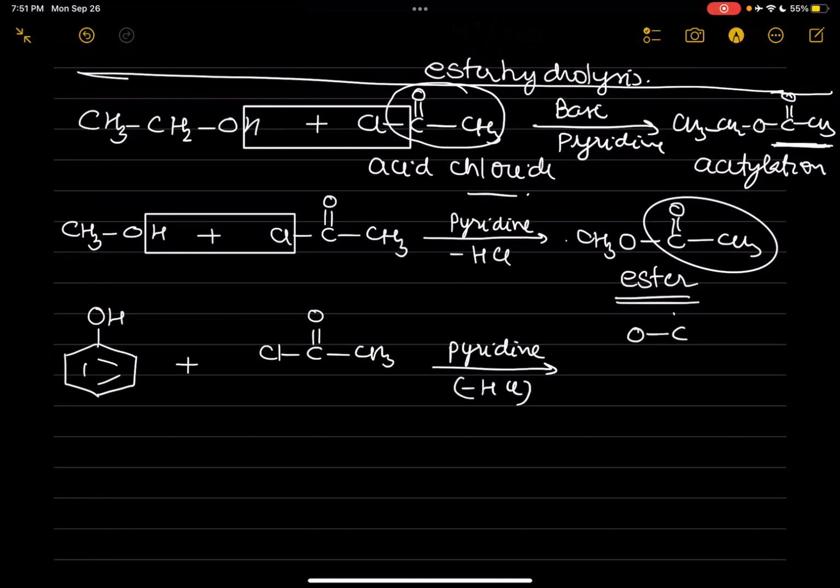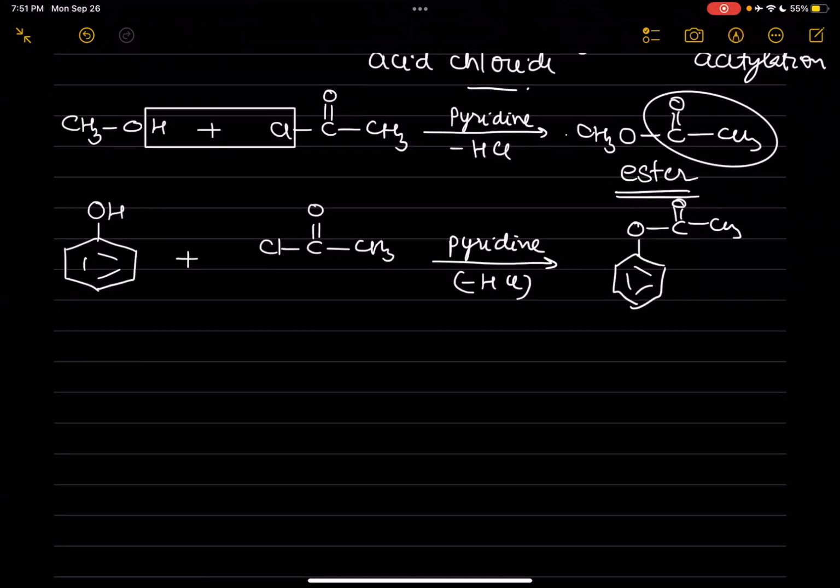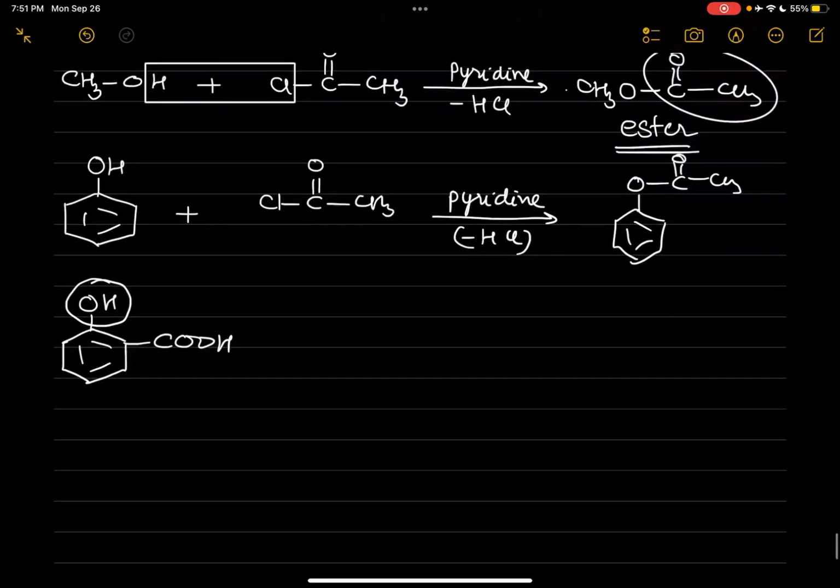Okay, OCOCH3. OH groups get acetylated. Okay, and this is another reaction which is very, very important for all of us. Alcohol acetylation, or esterification, is a characteristic of alcohol, not of carboxylic acid.